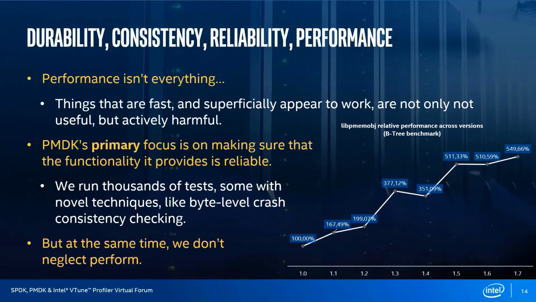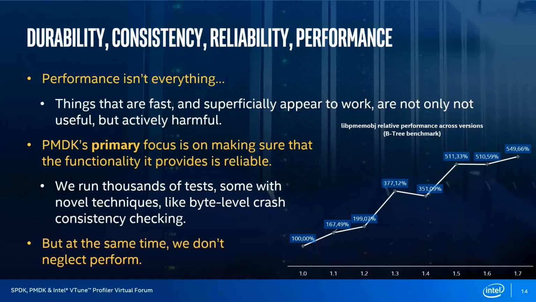And I listed those things in order of importance to us, because when you have something that is performant and only superficially appears to work, then that solution isn't really that useful, because you can't rely on it to actually work when it matters.